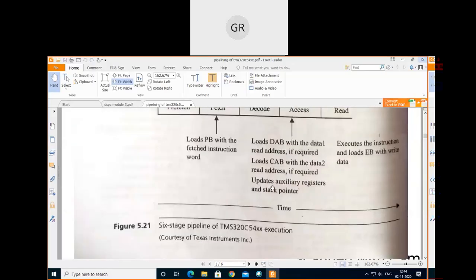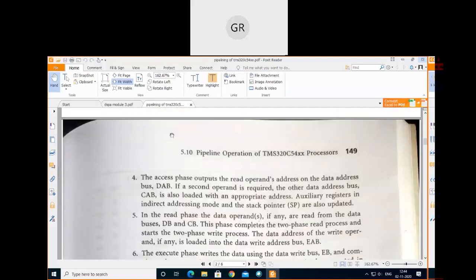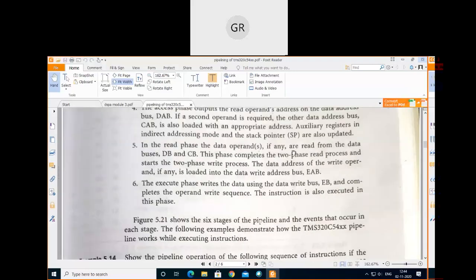Then we read the data from the data buses DB and CB. This phase completes the two-phase read process and starts the two-phase write process. Here we read the two operands. The data address of the write operand, if any, is loaded into the data write address bus EAB.